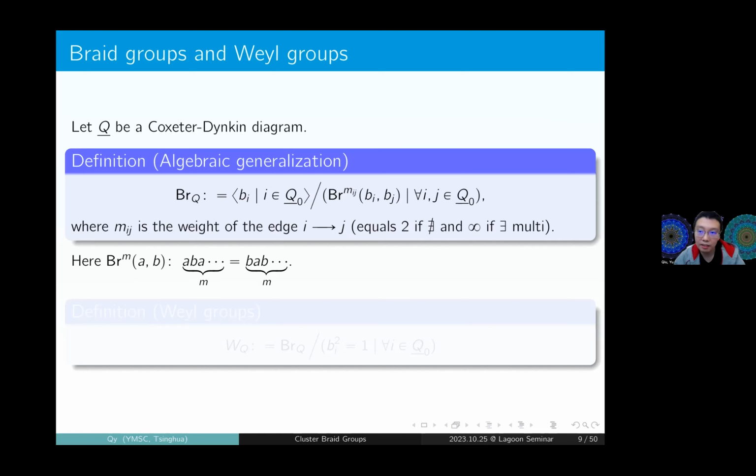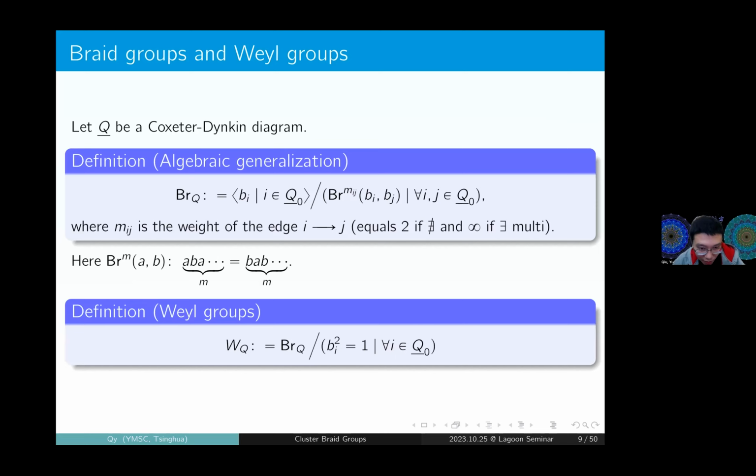If you go back to the classical B_{n+1}, it's just the type A_n braid group. Of course, you may be more familiar with the Weyl group, which is the quotient of the braid group by the square equals 1 relation. For example, in type A, the Weyl group is just the permutation group.